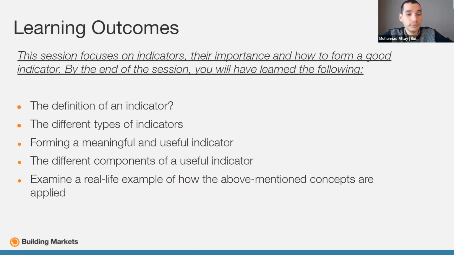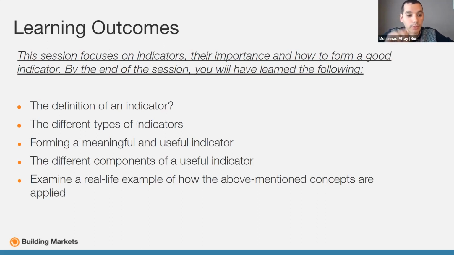The first learning outcome is that we will develop a stronger understanding of what an indicator is, what it means, why it is important, and what it refers to. We will also learn the different types of indicators, how many types there are, what they are, and how they differ from each other.